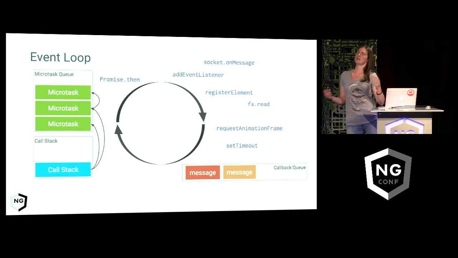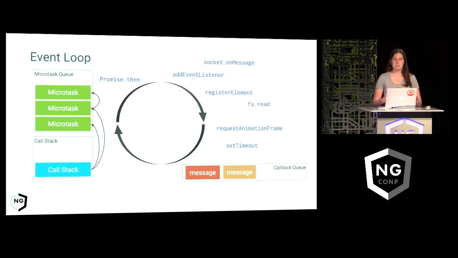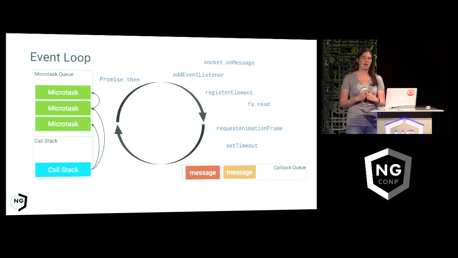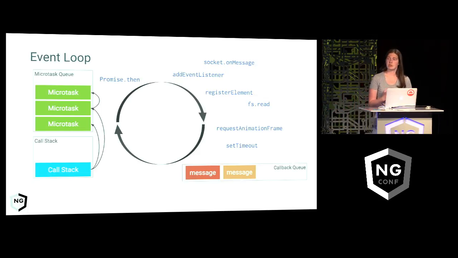And this is where zones come in. Zones are kind of a big monkey patch over all of this possible asynchronous stuff. And they give you a simple API so that you can hook in to various points of this event loop and modify what's happening or track what's happening.